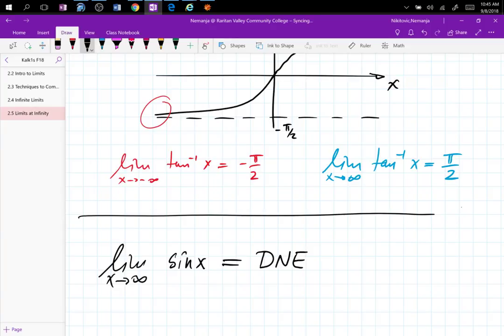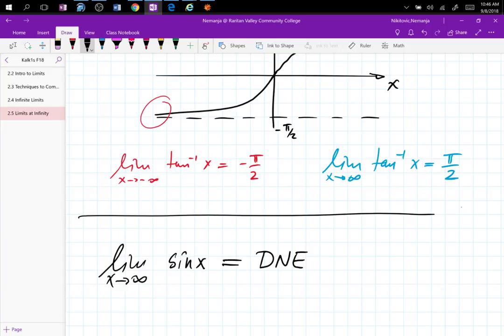So they don't settle at a value as they progress. Sine is the infinite wave, right? And if this wave goes to infinity, well, it doesn't really stop ever. So at infinity, it assumes all of the y values between -1 and 1, and we know we can't have that.